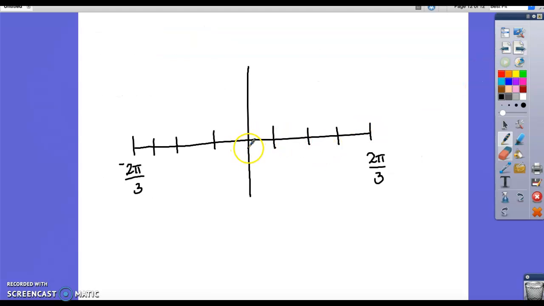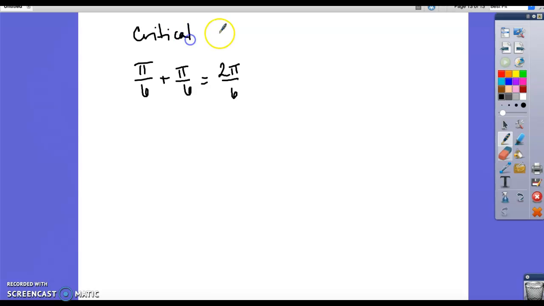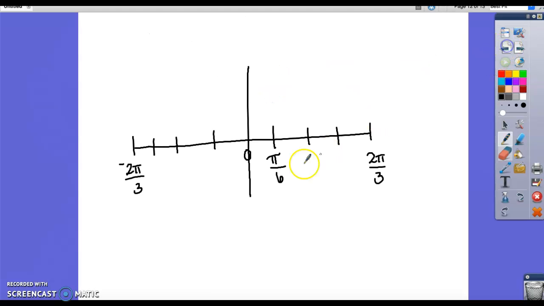That means if this critical point is 0, I would add pi over 6 to get this point. Okay, and to get my next critical point, I would do pi over 6 plus pi over 6, which is 2 pi over 6, which is pi over 3.